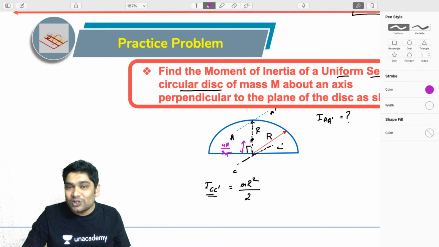So this would have been your ICM, the axis passing through the CM. Let's call this O dash and that CC dash, so that it makes more sense.